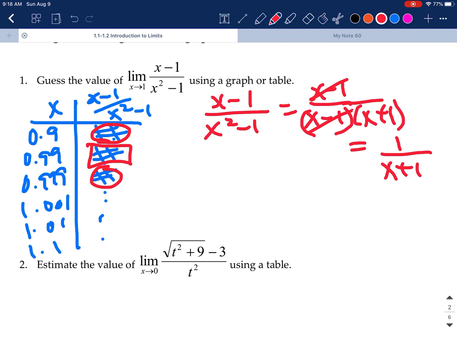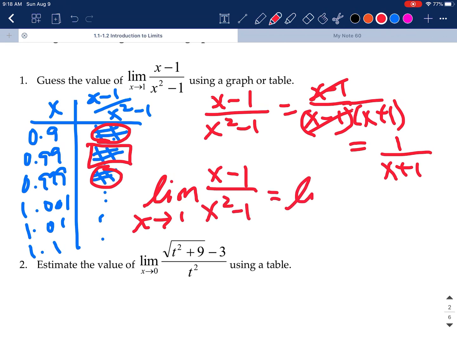Of course, our graph will have a hole at 1. But again, holes don't matter. Holes don't matter in terms of our limits existing. So that means that the limit, as x approaches 1, of x minus 1 over x squared minus 1 is really the same as the limit as x approaches 1 of 1 over x plus 1.